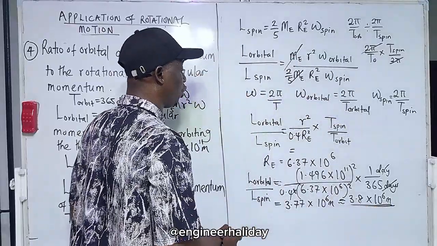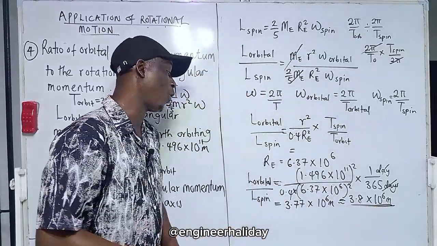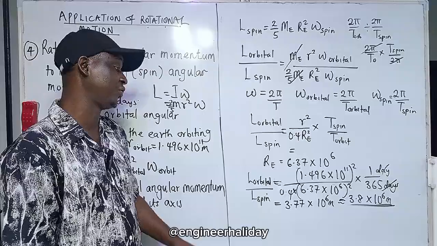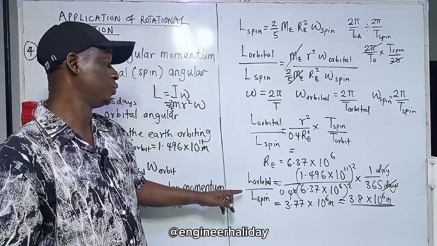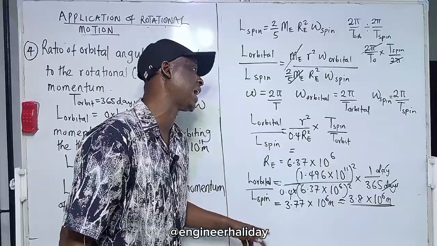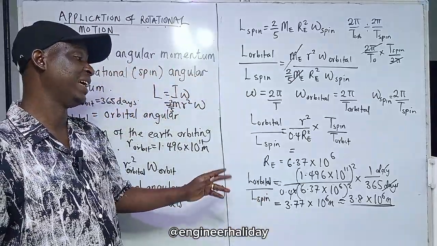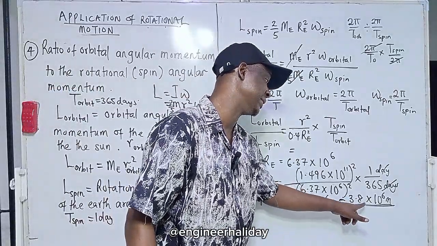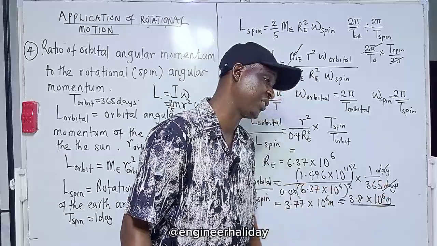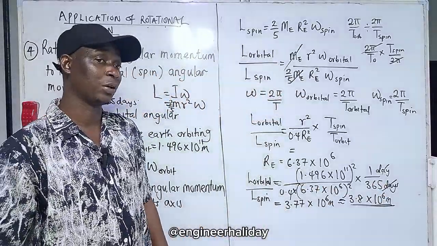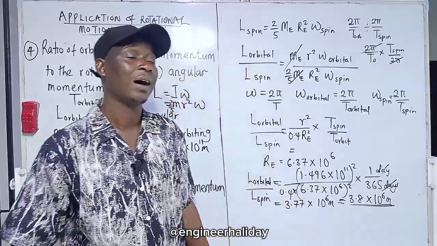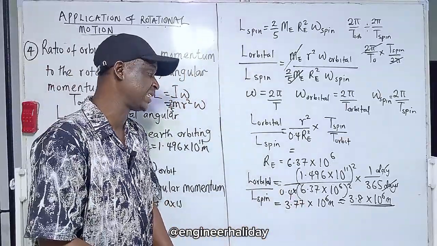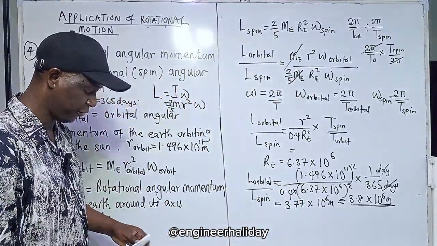So that means the ratio of orbital angular momentum to the spin or rotational angular momentum of the earth is 3.8 times 10 to the power 6 approximately. If you press your calculator effectively well, that's what you are going to have.